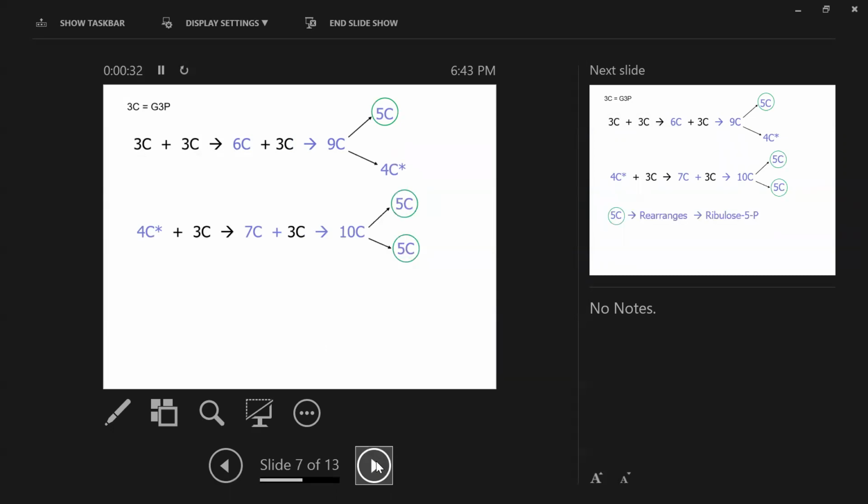And so you don't have to memorize all the words or enzymes. It's more of this last step. I do need you to know that all those 5 carbons do rearrange toward the end there to give you ribulose 5. So that's last in purple and red and green there, that very last part, that you need to know. And again, that ATP is needed.